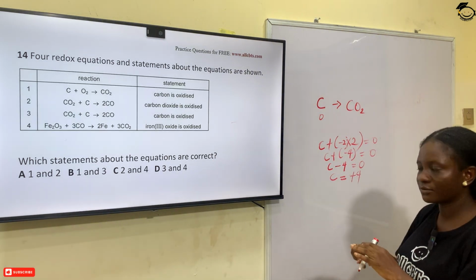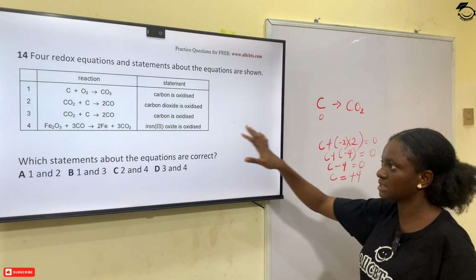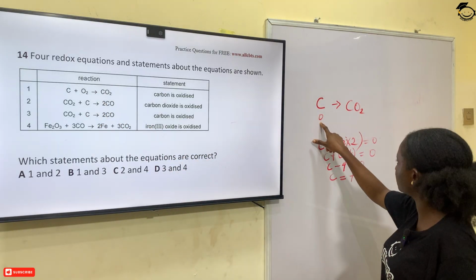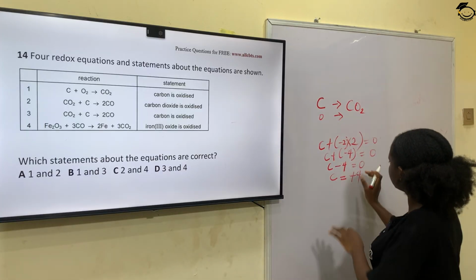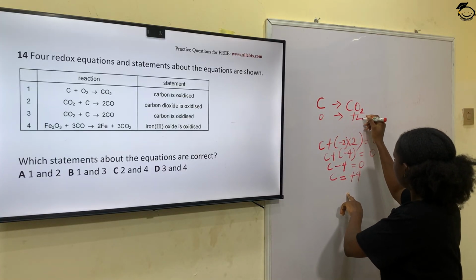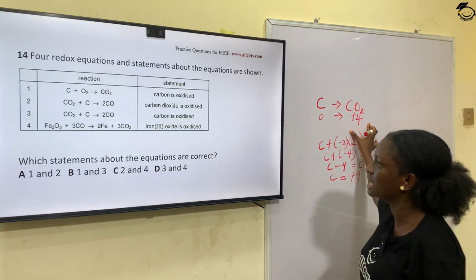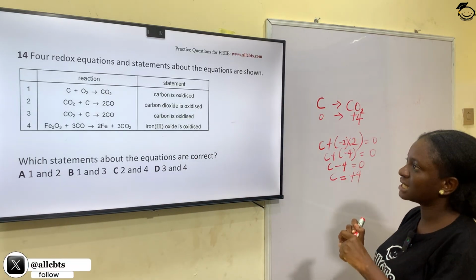So for this first one, C has an oxidation state of 0 going to an oxidation state of +4. That means carbon is oxidized. That is correct. So let's see.